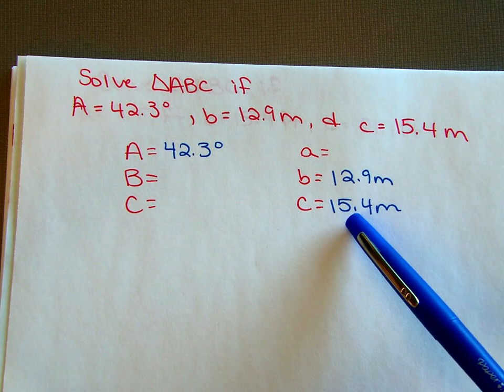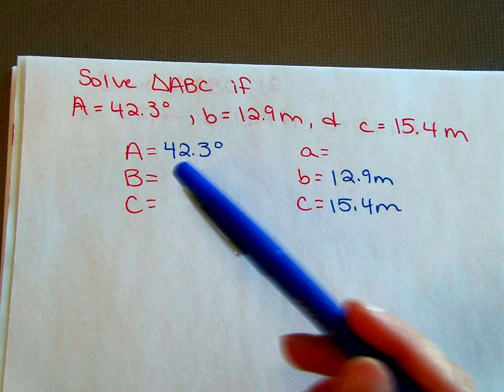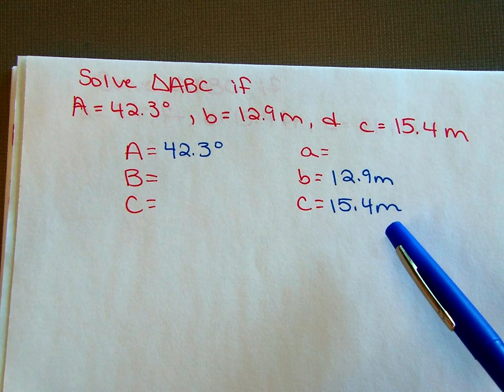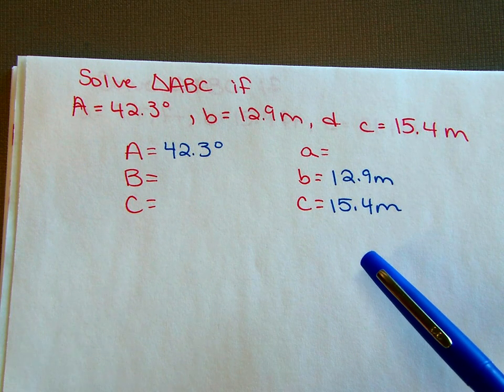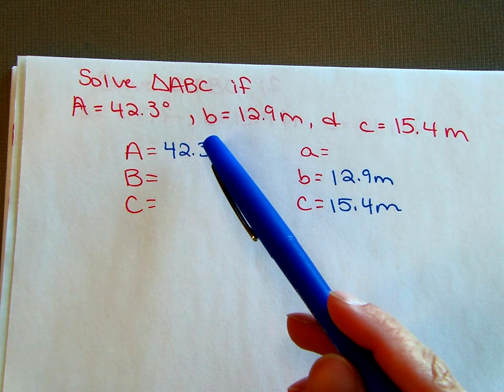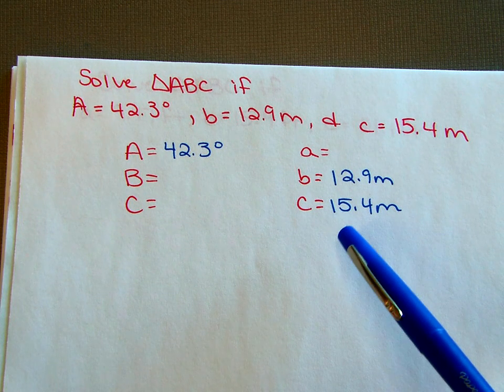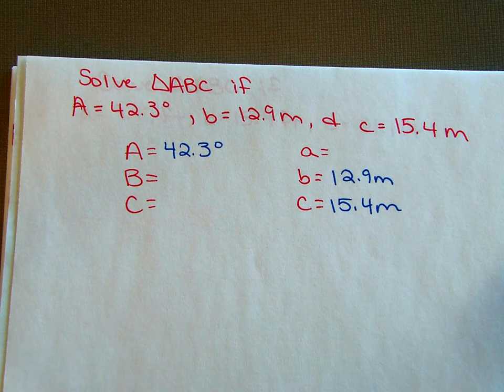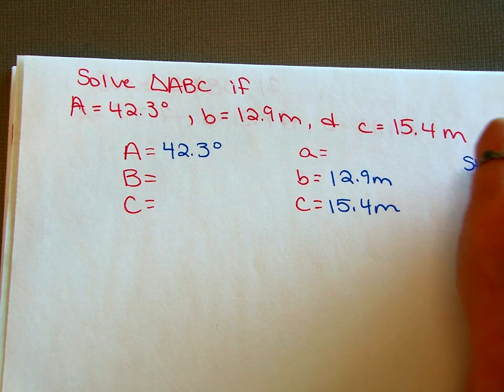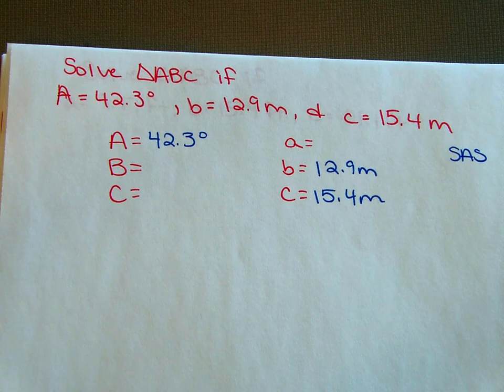Don't just immediately think this is that bad situation, the ambiguous case triangle that we had in 7.2, because that's not what we have. We have the angle that lies in between these sides. So we actually have a side angle side situation, which I told you all of your examples today will be, side angle side or side side side. That's when we use our law of cosines.